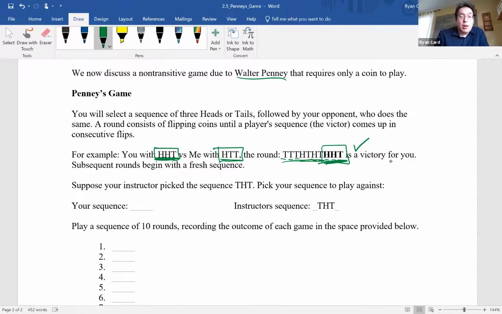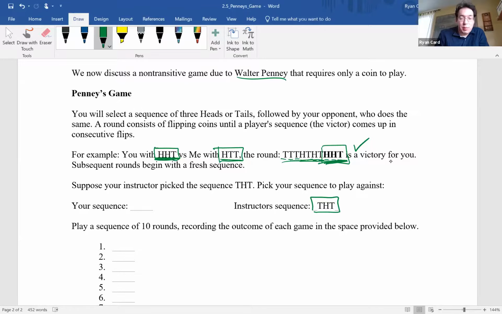So let's play this game, and I want you to try it out yourself as well. So let's say I pick the sequence THT. So try to pick a sequence that you think will appear before this, and then play 10 rounds.